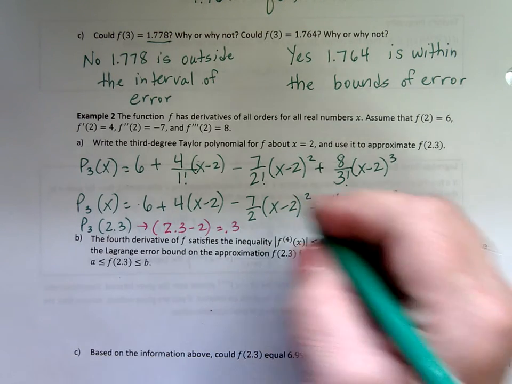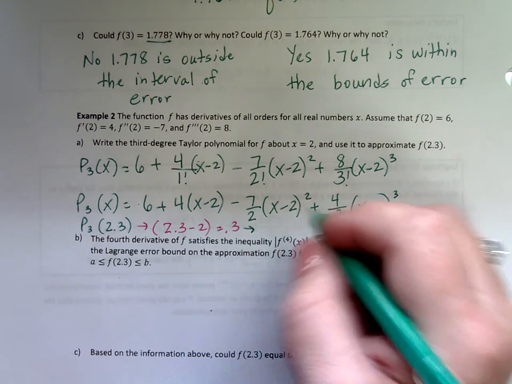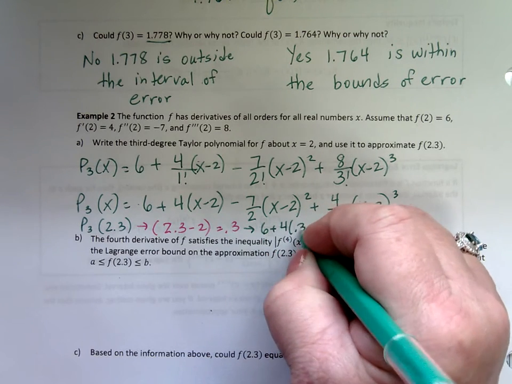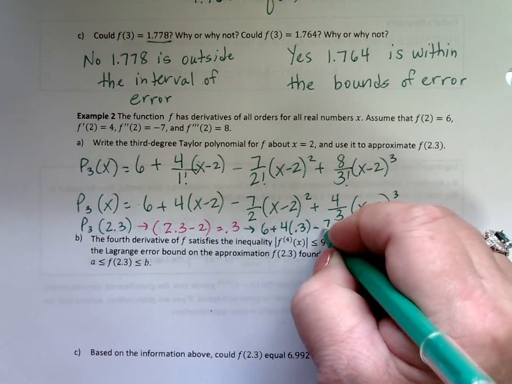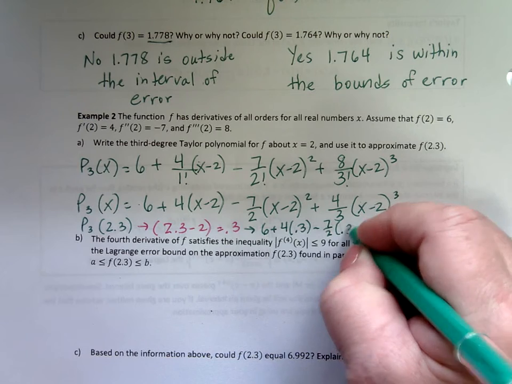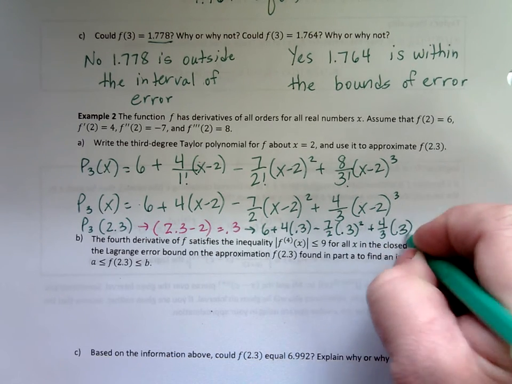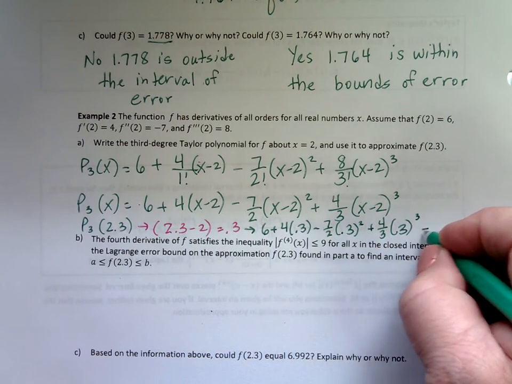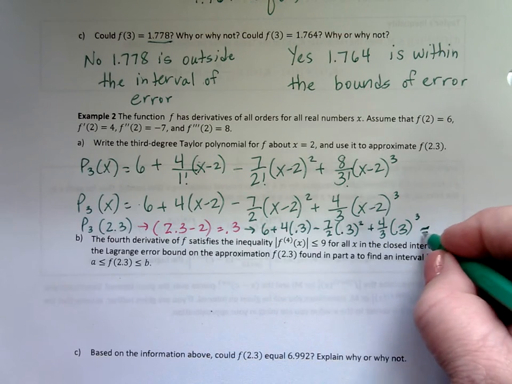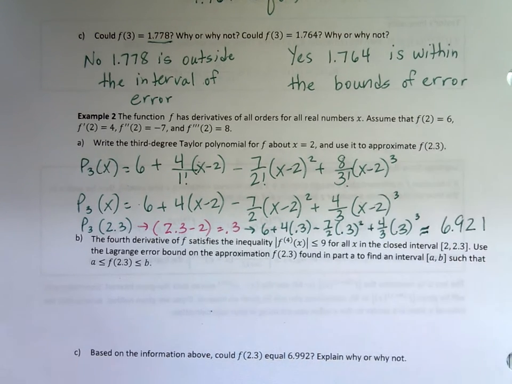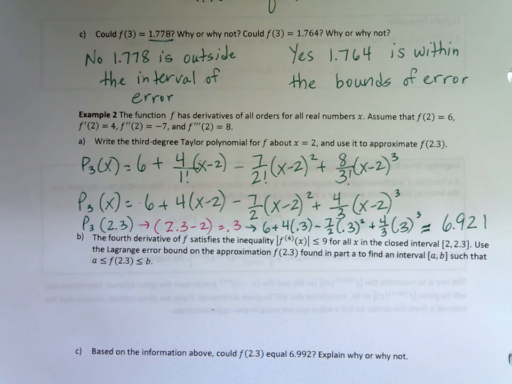So that's going to be 6 plus 4 times 0.3 minus 7/2 times 0.3 squared plus 4/3 times 0.3 cubed. And that's going to give you an answer of approximately 6.921. And again, grab your calculator and you can make sure that that's accurate.